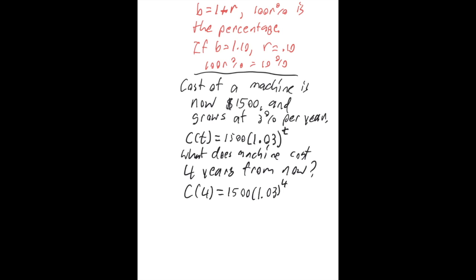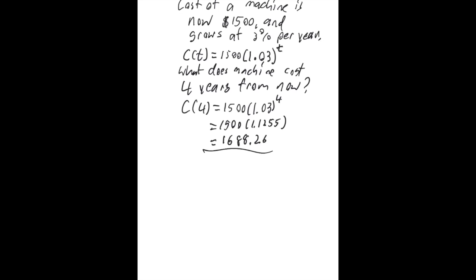If I take 1.03 to the 4th power, I'm going to get 1.1255, rounded off a little bit. And then if I take that times 1500, I'm going to get $1,688, and I guess if I want to go to the cent, 26 cents.